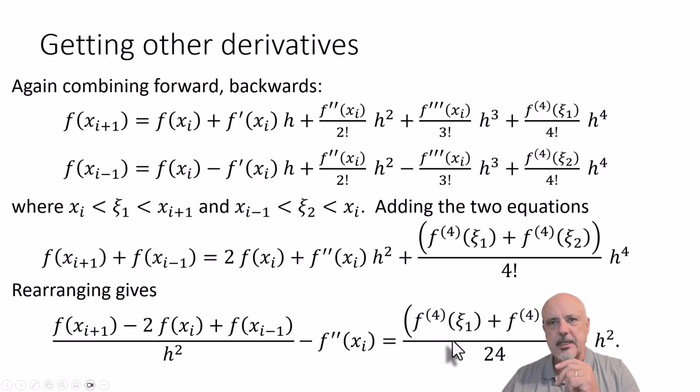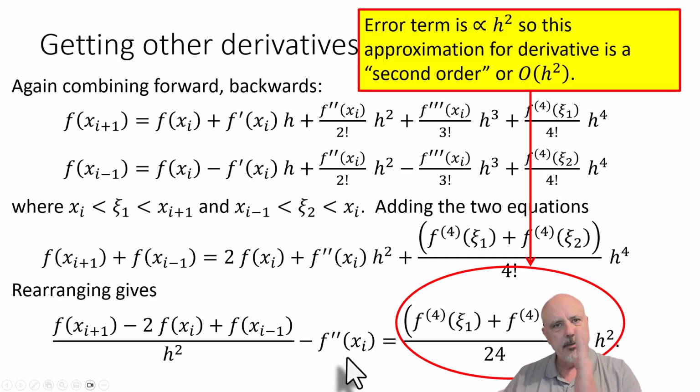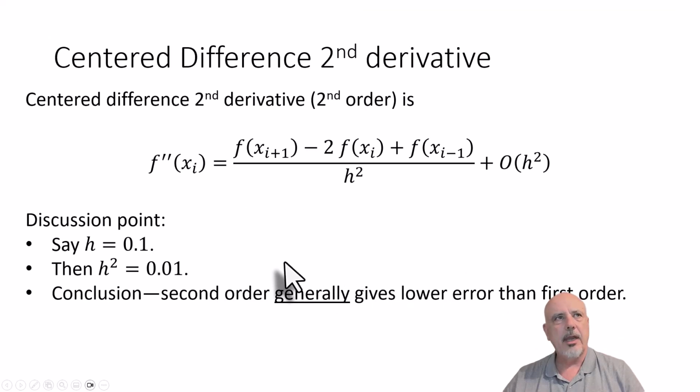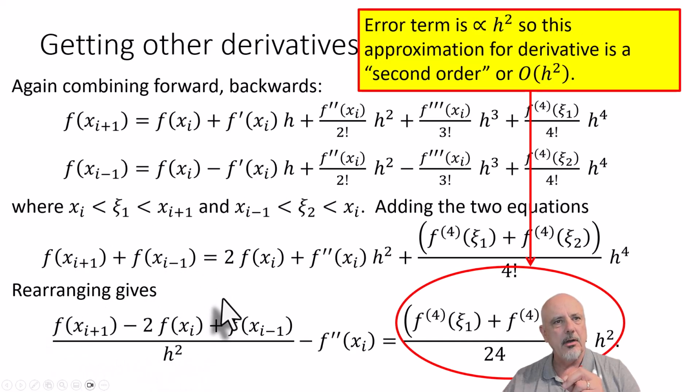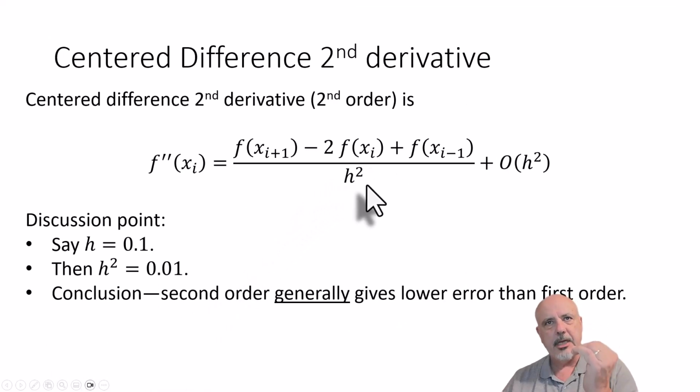And what that means is that my second derivative of the function evaluated at x sub i is going to be an approximation of the second order, because that's the power that's left over in my error term, or what's come from my remainder term. Okay, so I could write it this way: the second derivative is coming from what's over here, divided by h squared, plus that big O term.